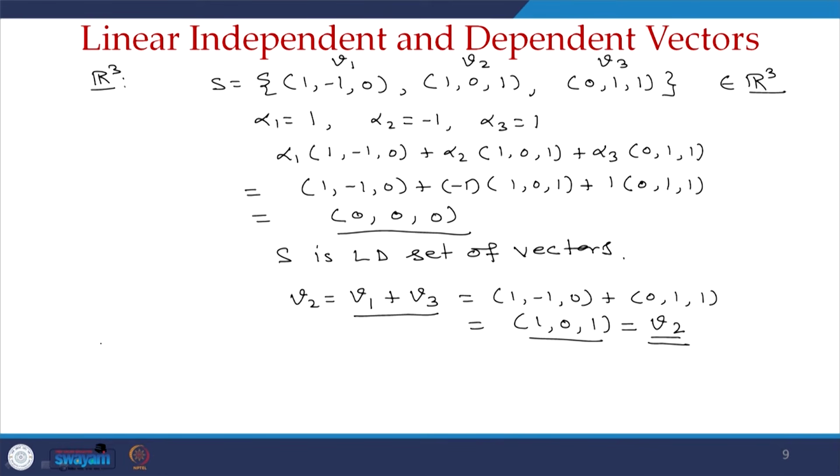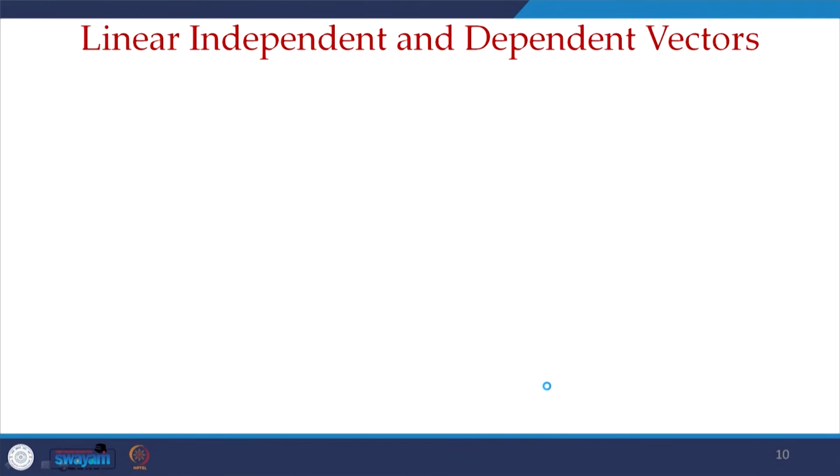One example in R3 is (1, 0, 0), (0, 1, 0), (0, 0, 1), the standard basis in R3. Similarly, we can extend this concept to Rn.